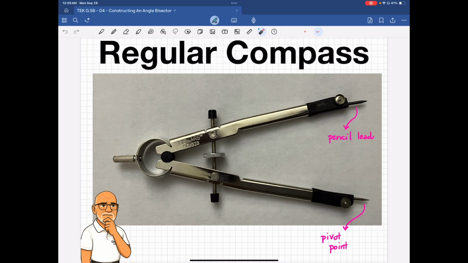And so we will be turning this part of our compass in order to adjust its size. Right here, this little knob at the top is the knob that we are going to hold onto when we draw our arc marks or draw a circle. We will be holding on to this position here. Now, with this knowledge, let's use our regular compass to do some constructions.